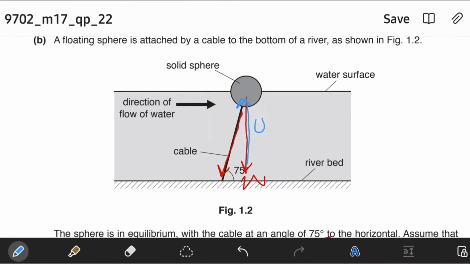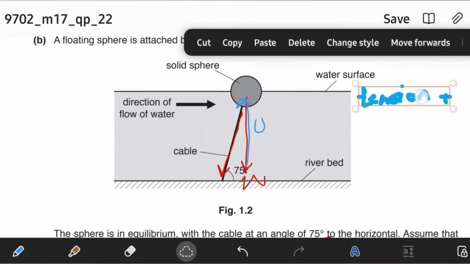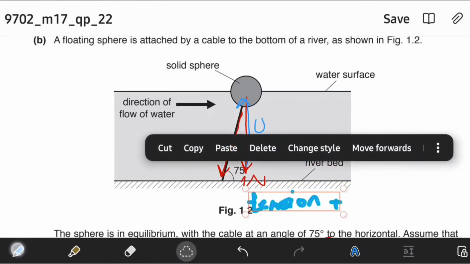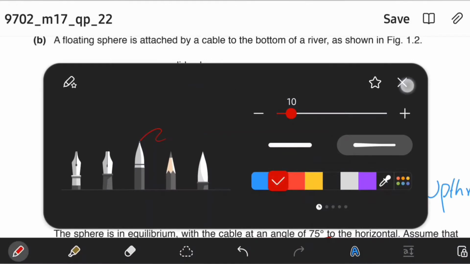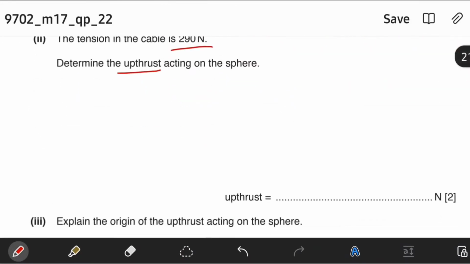So we can see from the diagram that tension plus weight gives upthrust because they are in the same direction, but the tension here is not this one. It's actually what? Let me go back and write it in the space.